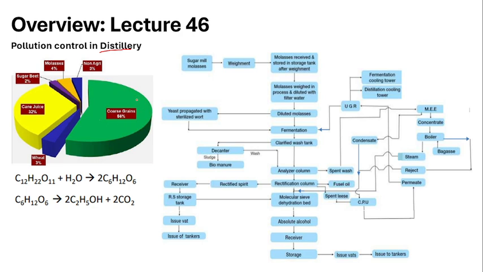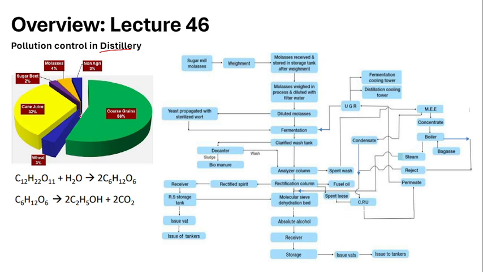So worldwide, coarse grains are the major feedstock for alcoholic beverage production. This is followed by cane juice and then molasses, then wheat and sugar beet. All these are other feedstocks for producing alcoholic beverages, and some non-agri, non-food products are also used. This is in the case of worldwide.